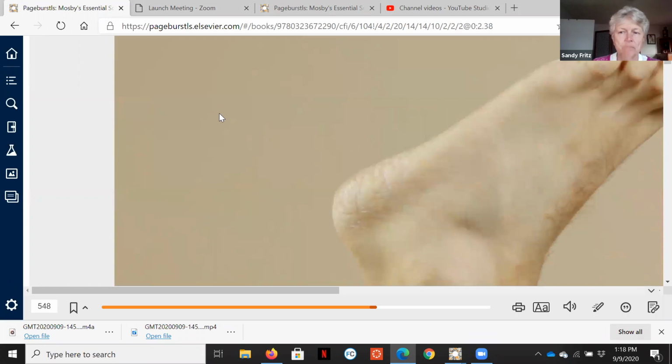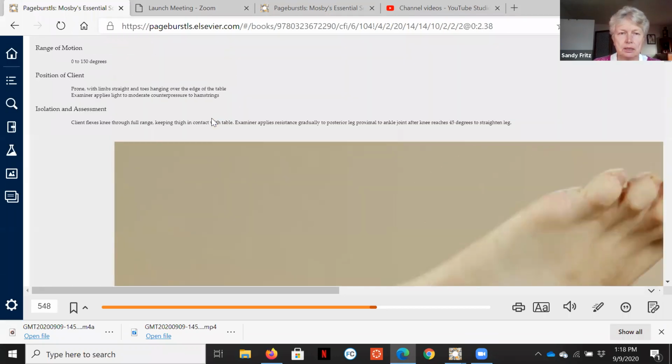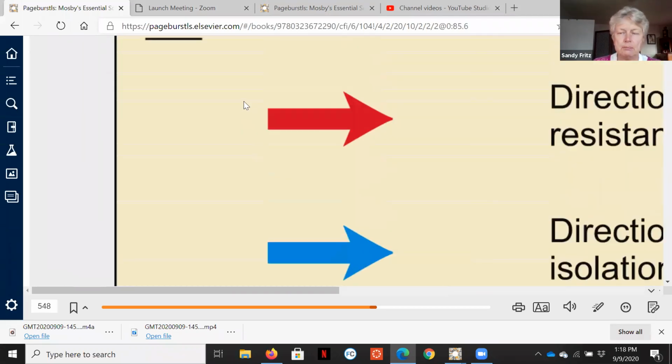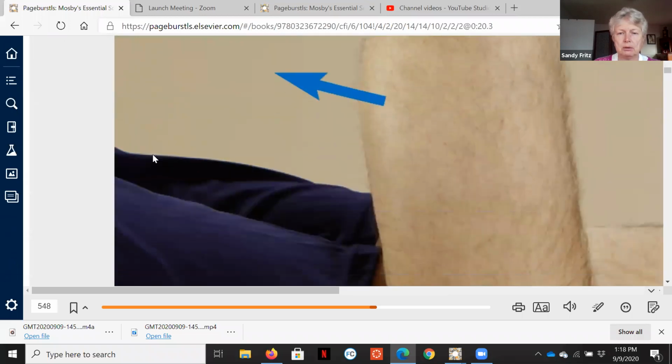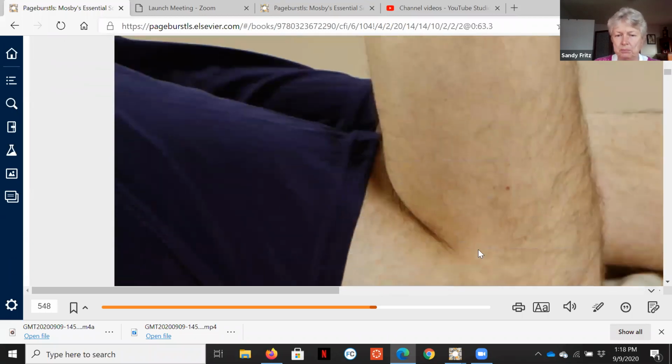So if you start in chapter 10 and you find a picture that you want to learn about, we're going to learn about this knee movement. And this movement should be incorporated into part of the general massage, which then becomes assessment.